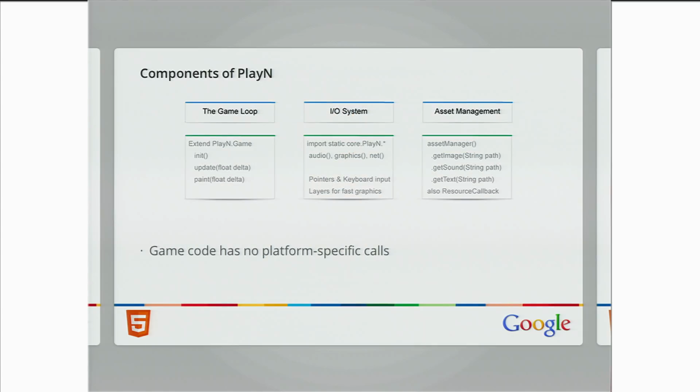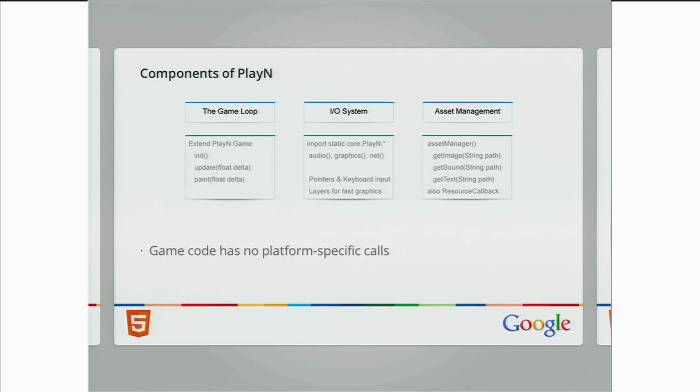All right, so when I say that the core of PlayN is really just the things that need to be cross-compiled, that breaks down into three categories loosely. There's the game loop, which is the only part of PlayN that's really specific to it being a game. That's the timers that run your draw loop and your update loop. Then we have the I/O layer, and here we're defining I/O as input from the user, like touch events, and output to the screen, so your rendering system is part of the I/O system.